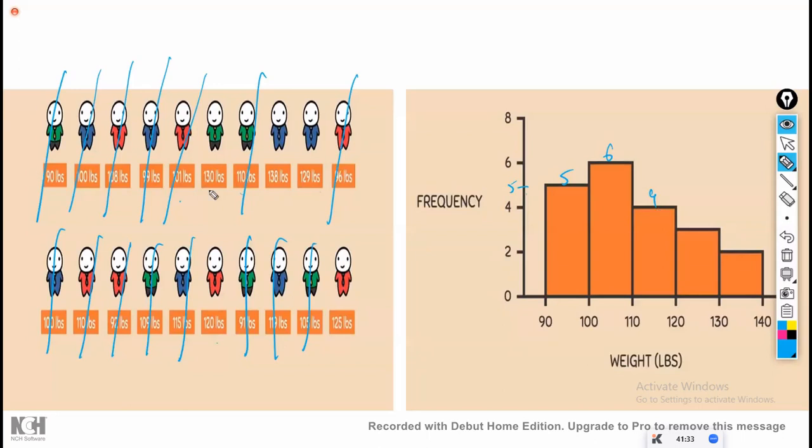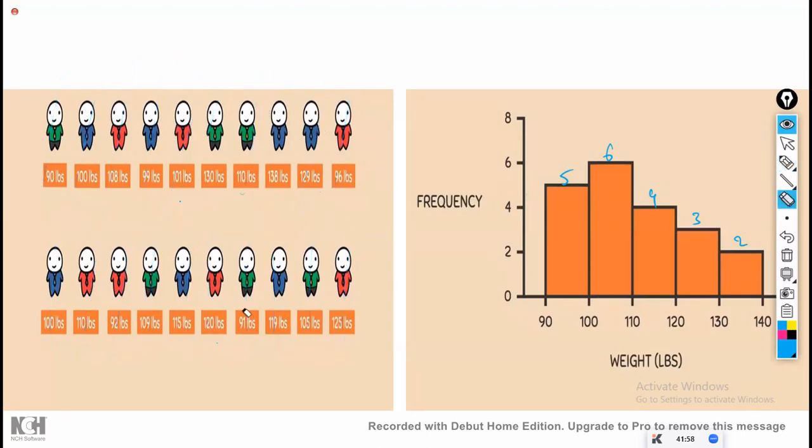Next, 120 to 130, where 130 should not be included: 1, 2, 3, a height of 3. And 130 to 140: 1, and where is the second one? Here, 138. So total 2. You are just representing whatever the count is.